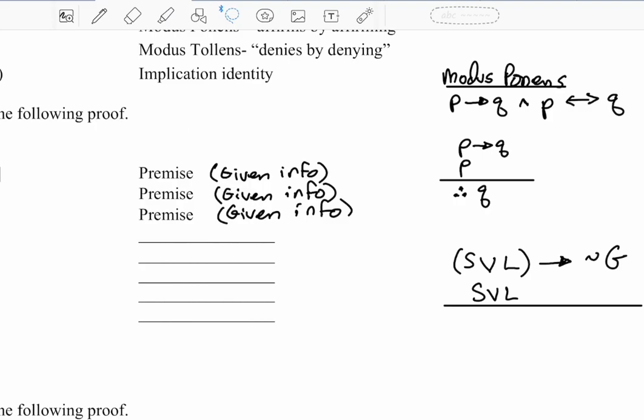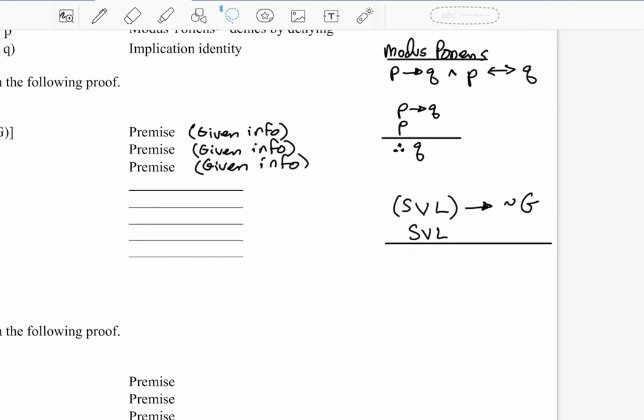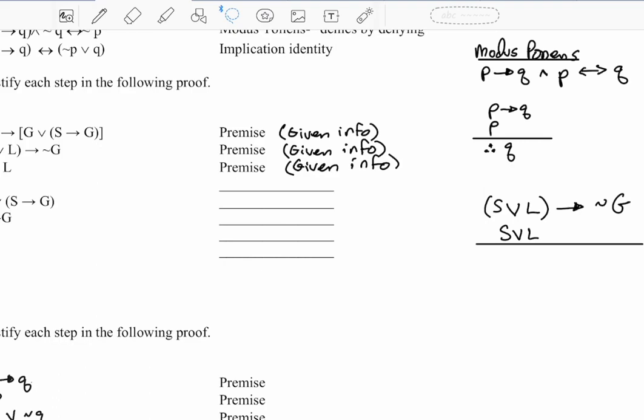If I get a 90 or above, then I get an A for the course. I got a 90 or above. The logical assumption would be that you get an A for the course. Now, the pairing that we have here is a little more complicated, but it has the same structure.